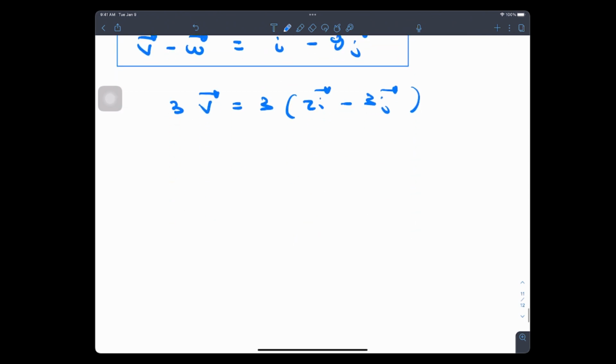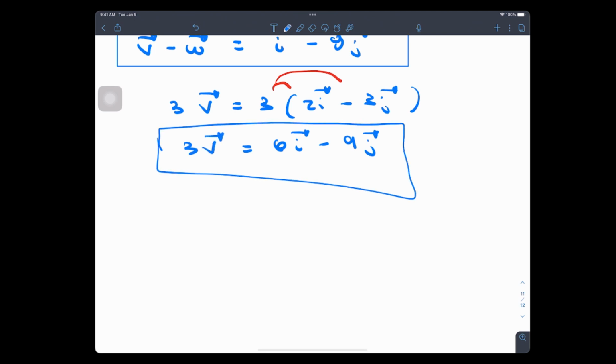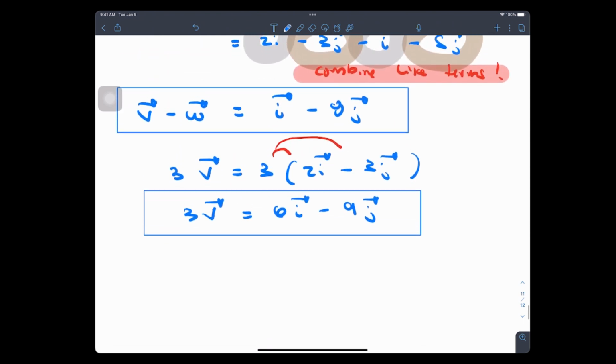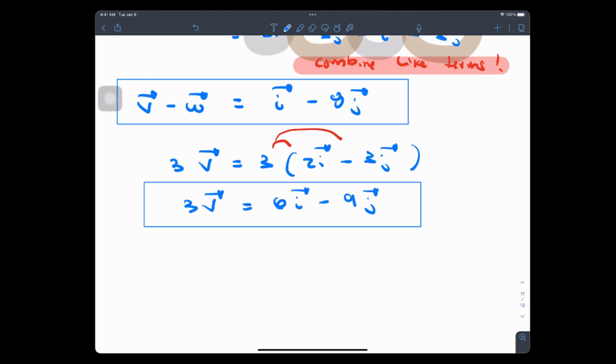So do you remember beginning algebra? What do you do with this? You distribute. You guys okay with that? What do you get now? 6i minus 9j. Do you guys see how it makes the arithmetic easier?